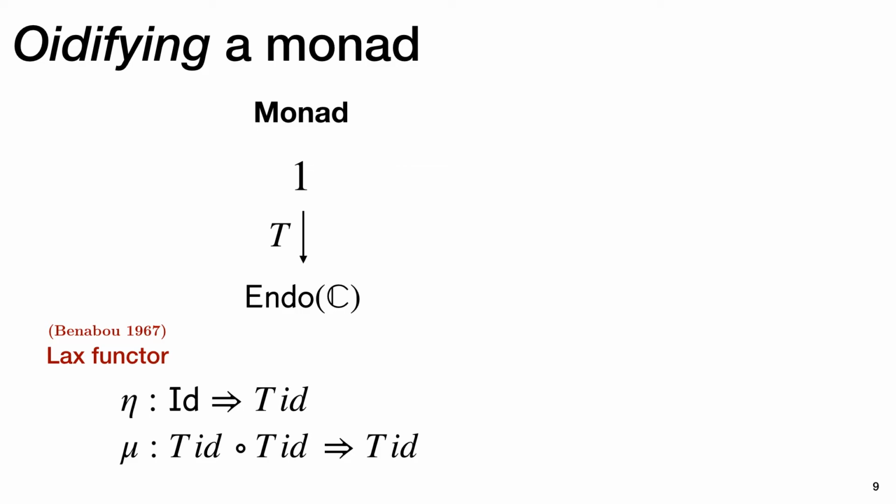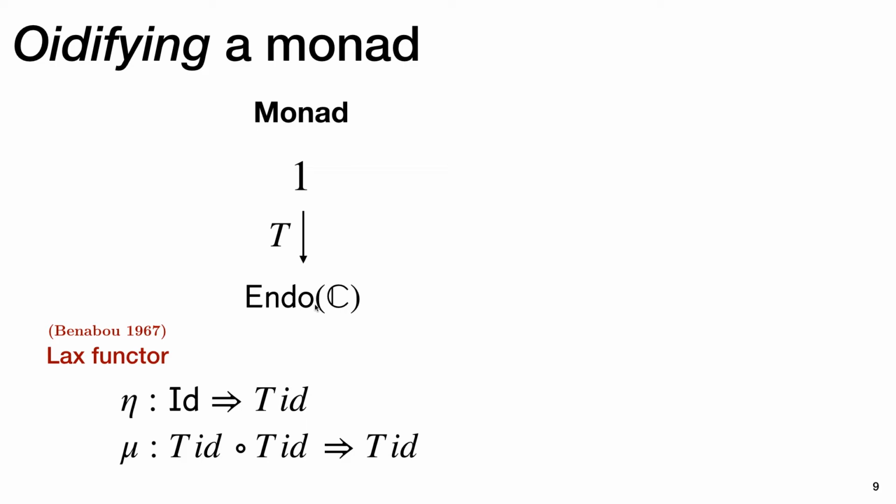There's an old result from the 1960s that says a monad can be viewed as a lax functor, mapping from the single object singleton category 1 to the single object category of endofunctors on C. So it has lots of morphisms, and those morphisms are the endofunctors. This is a well-known view of monads as a lax functor.